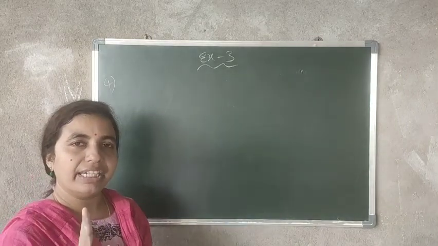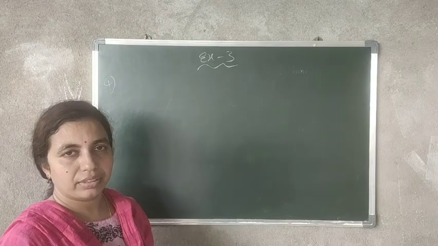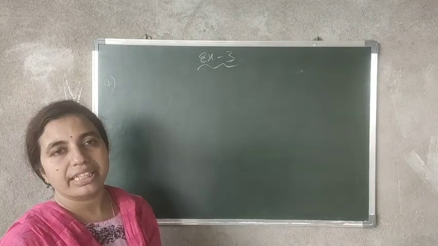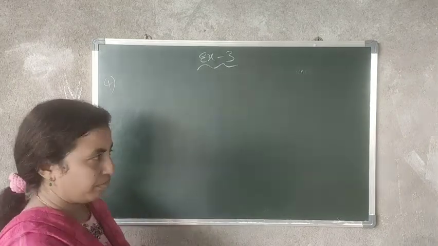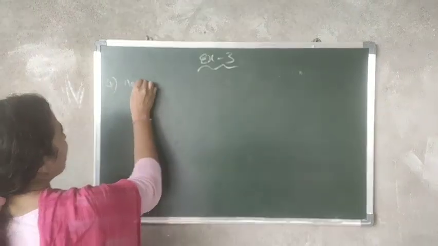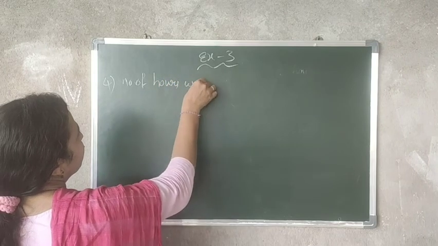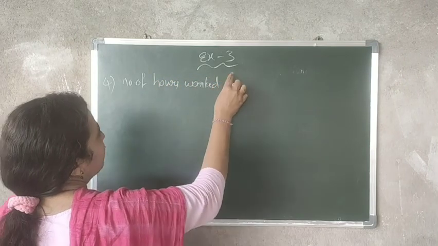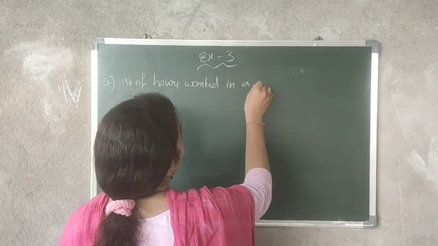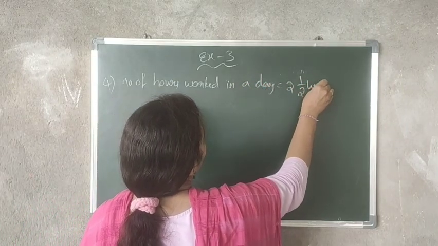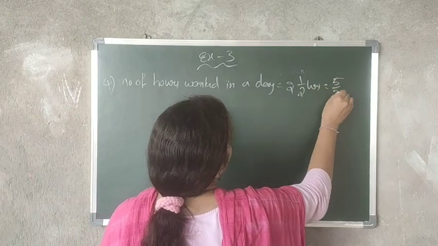Daily, for 1 day, she sits for 2.5 hours. How many days she worked? For 7 days. So, totally for 7 days, how many hours she worked? Number of hours worked in a day is 2.5 hours. 2.5 hours means nothing but 5 by 2 hours.